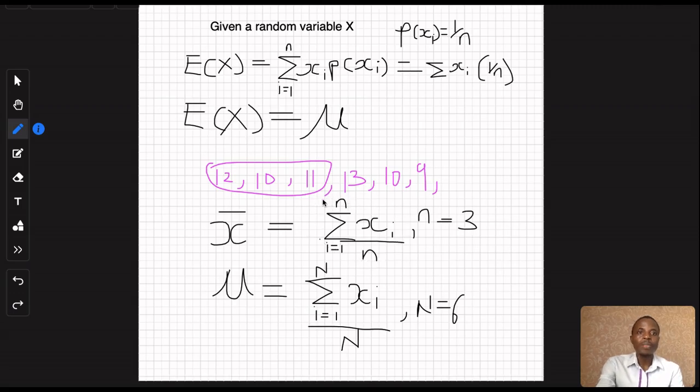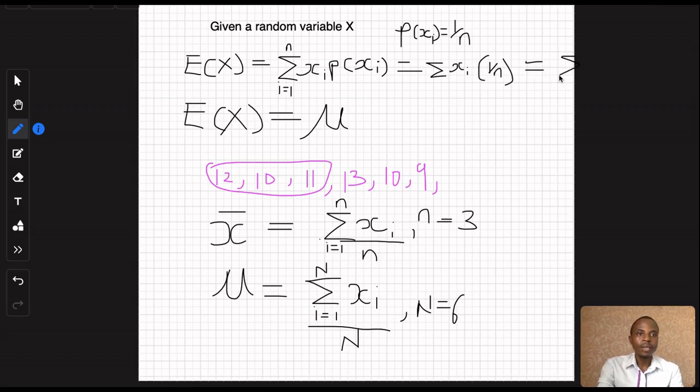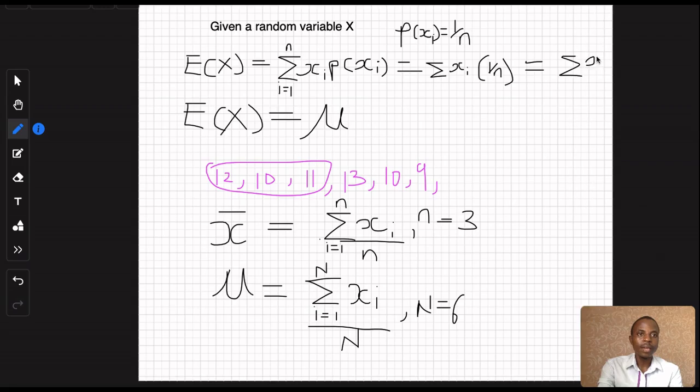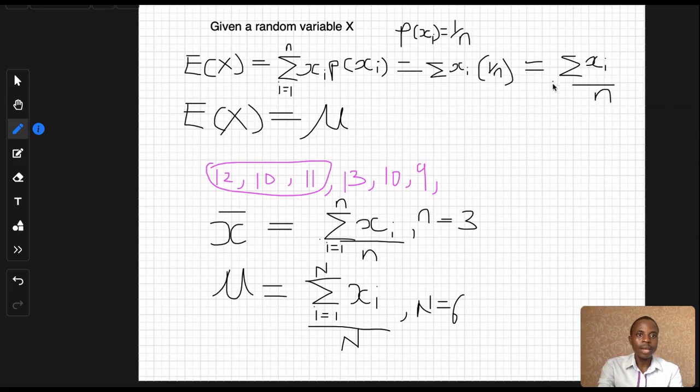Okay, now we may write it in full just to make it clearer. Summation of xi over n, where i takes values from 1 to n, just like we showed here. The same thing applies here: i takes values from 1 to n. But we will not be writing this in all cases.